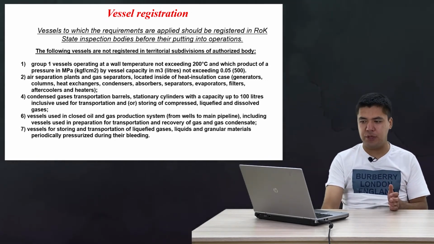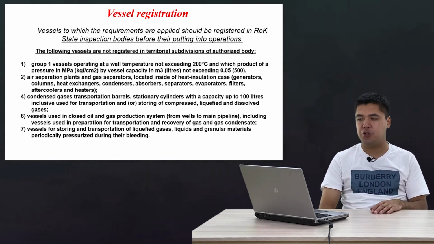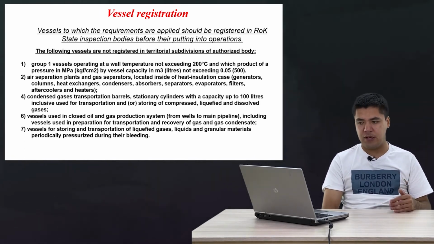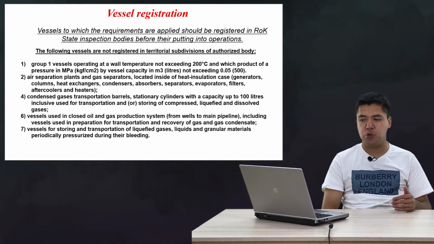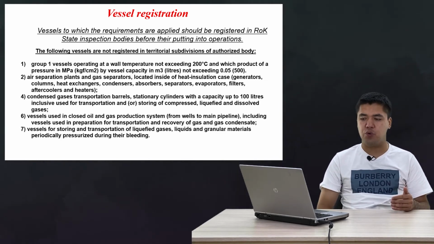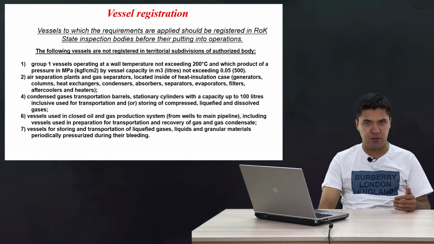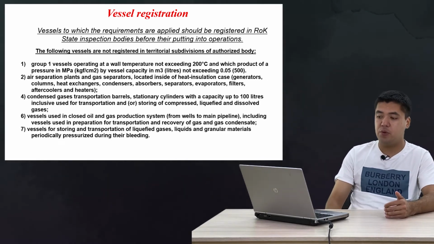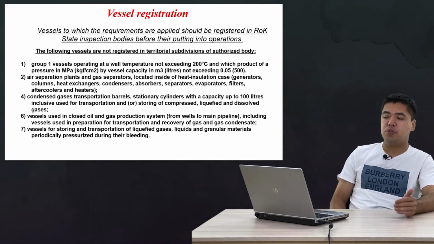Air separation plants and gas separators located inside a heat insulation case. Next, condensed gas transportation barrels. Next, vessels used in closed oil and gas production systems. And next, vessels for storing and transportation of liquefied gases, liquids, and granular materials. Those devices are not registered.